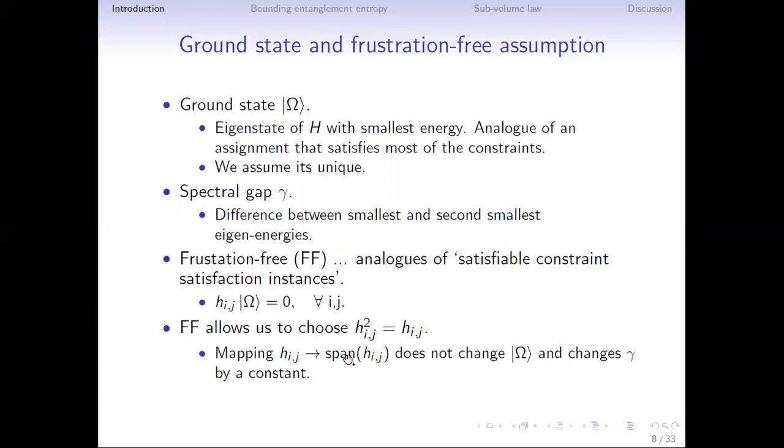This is because one can scale the non-zero energies of the local interaction H to 1, so that I can replace H by the projection onto the span of H. This does not change the ground state, and it changes the gap by a constant which depends on the details of the local interaction, which, by the way, we assume to be a constant.